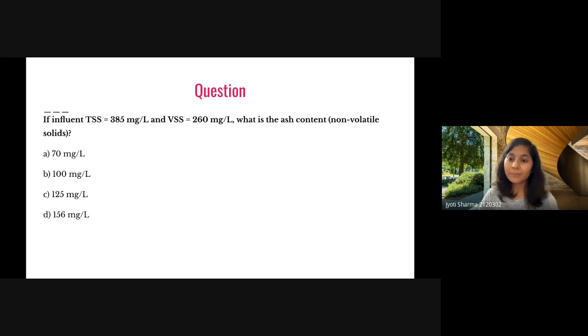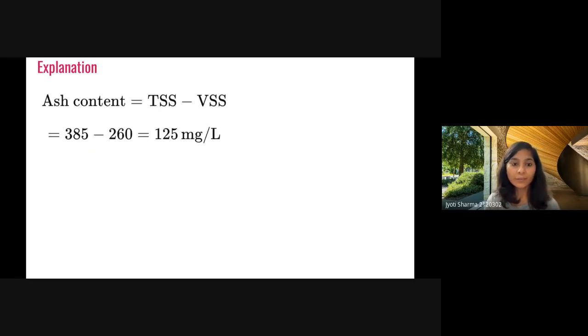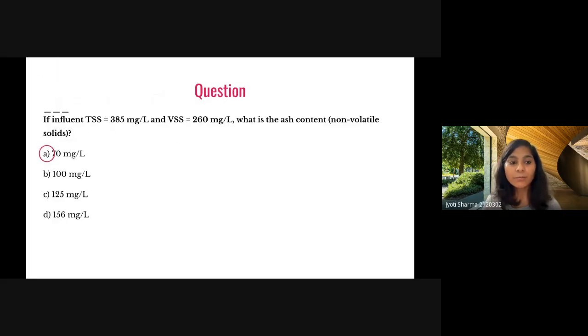So this will be what? 385 minus 260. What would be the value? 385 minus 260. So Dia gave me C answer. Venkateshwara also gave me C answer, but this is near to 70. Okay, so sorry. You gave me the right answer, but I think I marked it wrong. So yes, your answer is right. So this will be C, but somehow I clicked A.